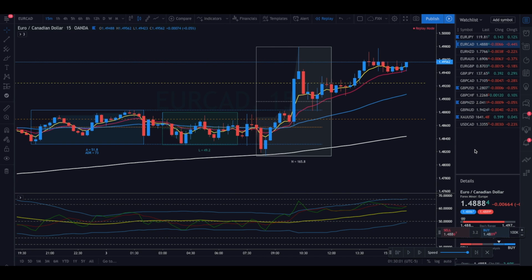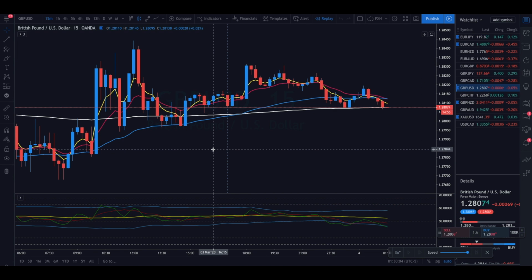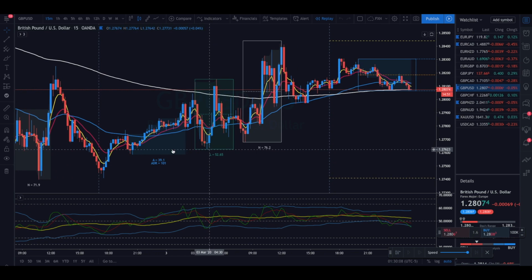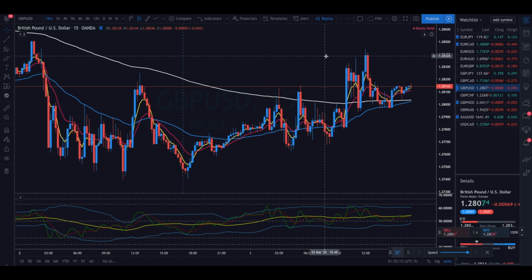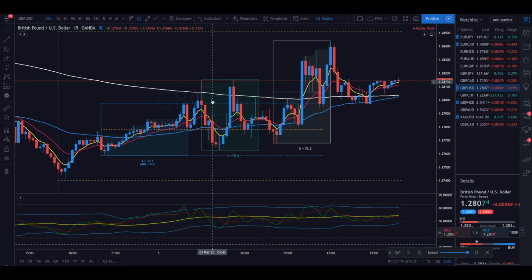The next pair that we had, we actually had a loss. One of our traders early in the morning took this particular trade here on GU, and we bring this up here. So he took an entry here after this candle, thinking that this was a type 2 setup, pinning to the 200.